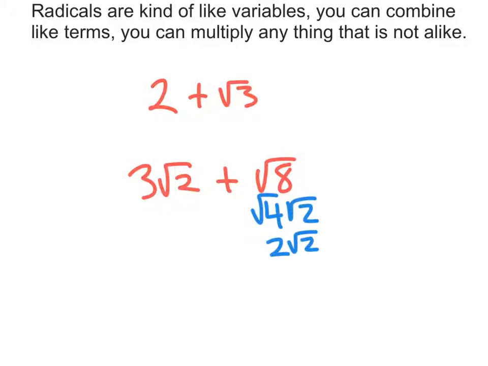So what we really have is 3 square root of 2 plus 2 square root of 2, and that's kind of fun because the 3 square root of 2 came down, the square root of 8 was rewritten as 2 square root of 2, and now we actually do have 3 of something plus 2 more of that same something. It's kind of like saying 3x plus 2x. So we could actually get the answer here, 5x, but not 5x, it's 5 square roots of 2. Okay?